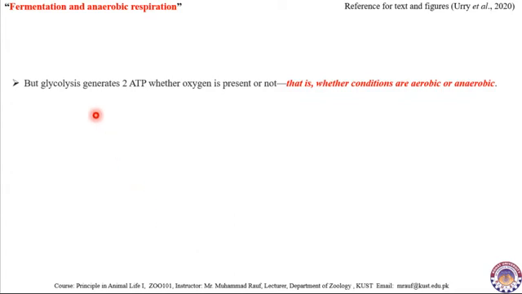But glycolysis generates 2 ATP whether oxygen is present or not. That is, whether conditions are aerobic or anaerobic. It is not concerned with the presence or absence of oxygen.